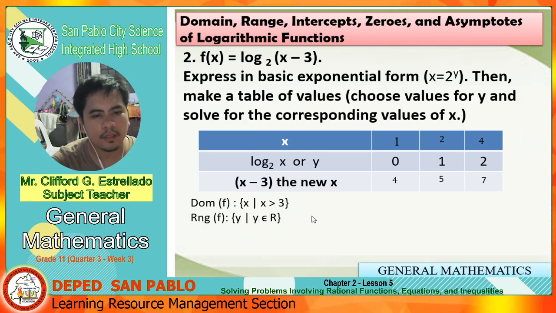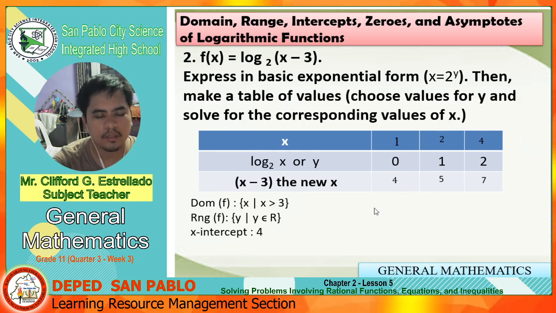Ang range, laging all real numbers. Ang x-intercept nito, value ng x if y is 0. Okay? So, if y is 0, ang x natin, 4. Doon tayo titingin sa new x. Okay? Kaya 4 ang x-intercept.